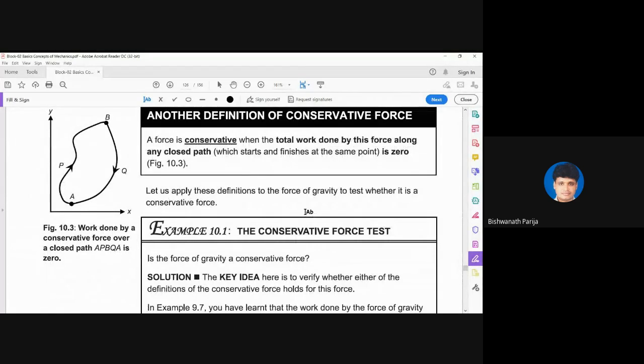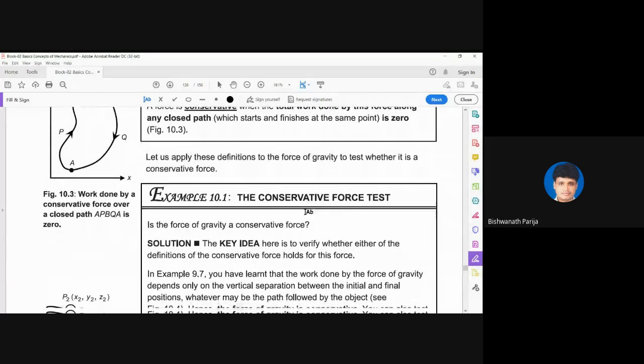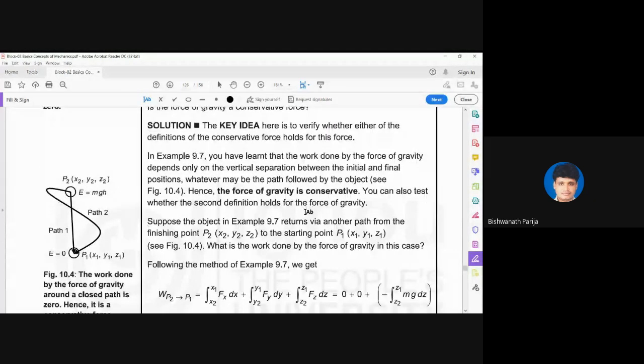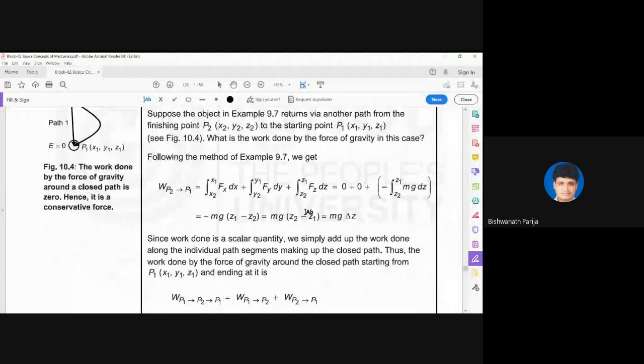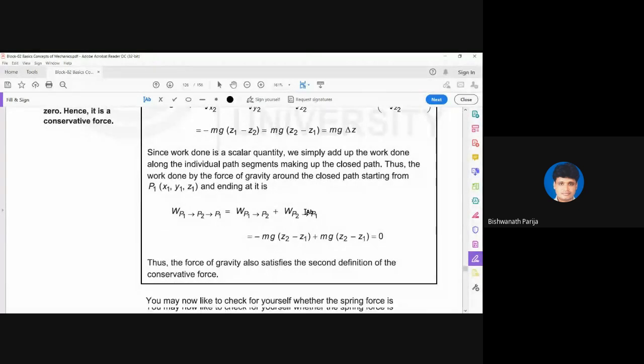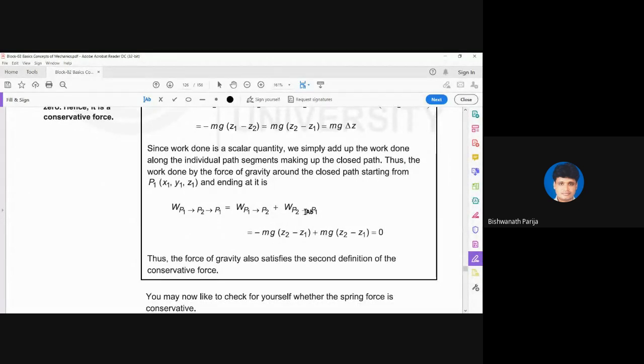I already told you, remember this. Many examples are given here of work done due to conservative forces, and the work done is zero. It is verified here, you can do it.